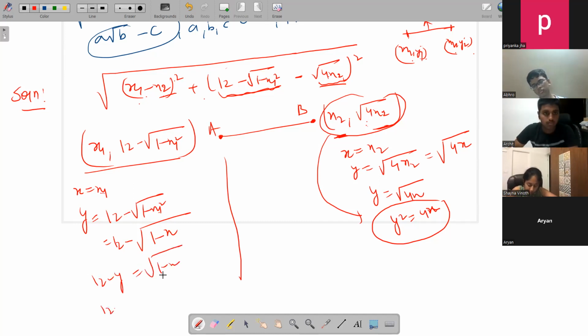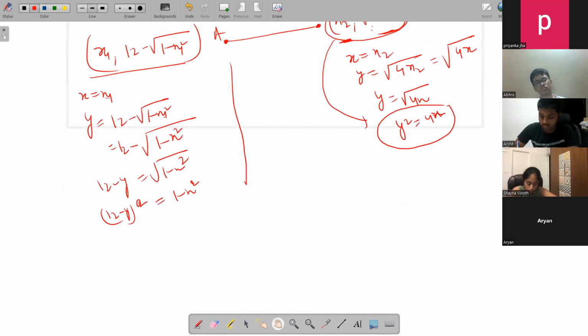Square it, you will get 12 minus y whole square equal to 1 minus x square. Bring x square here and take the negative sign out: x square plus y minus 12 whole square equal to 1.